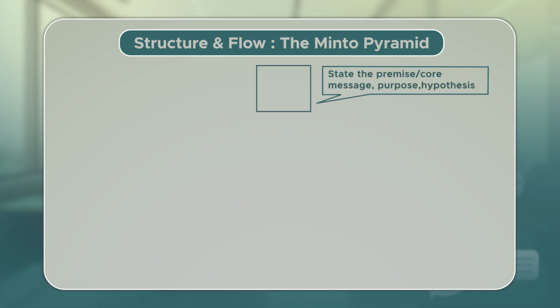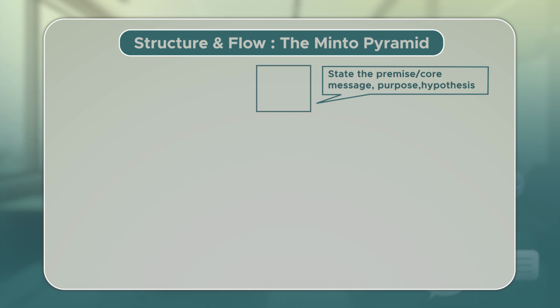So let's take a very iceberg kind of look, the 2% above the water level, at the Minto pyramid. In the classical inverted pyramid style, it starts at the top by stating the conclusion, the recommendation, the outcome, the solution, and so on.